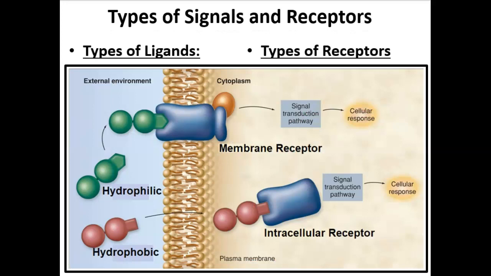Now we are going to look more closely at the molecular level of signals and receptors. You will learn that there are two main types of ligands and two main types of receptors. They're shown in a diagram on this slide. Now these two types of ligands and two types of receptors may be used in any of our four general pathways of chemical cell signaling: paracrine, autocrine, synaptic, or endocrine.